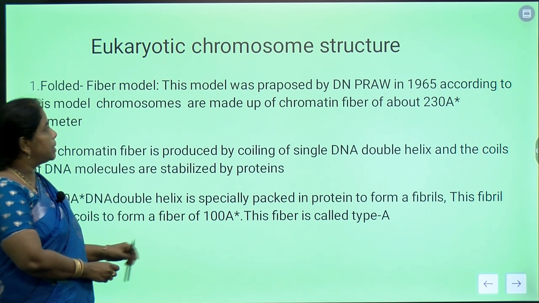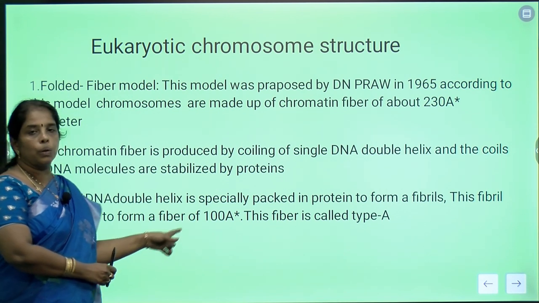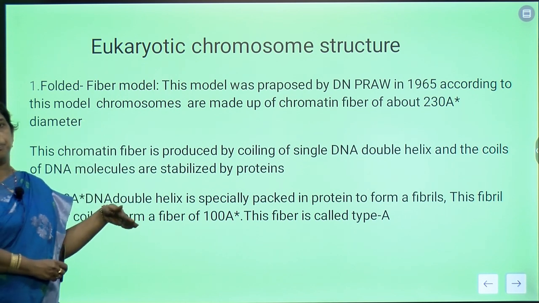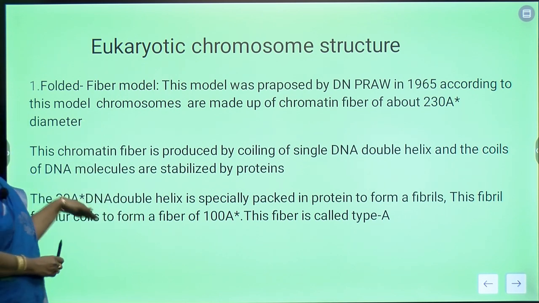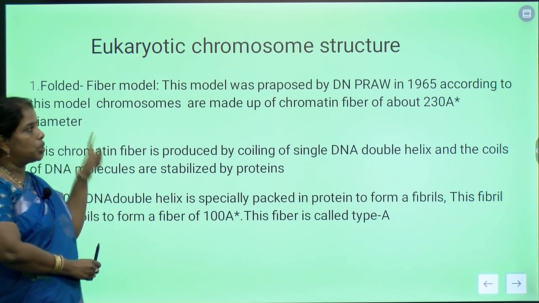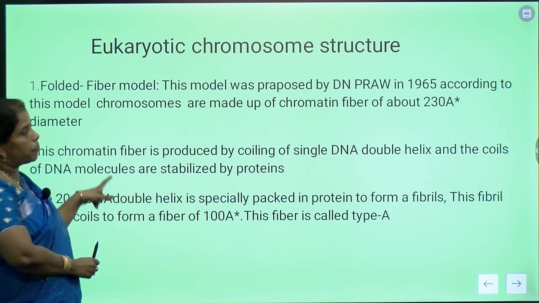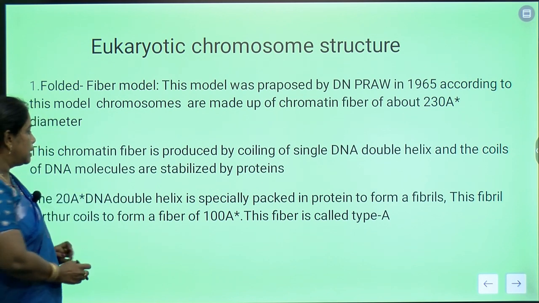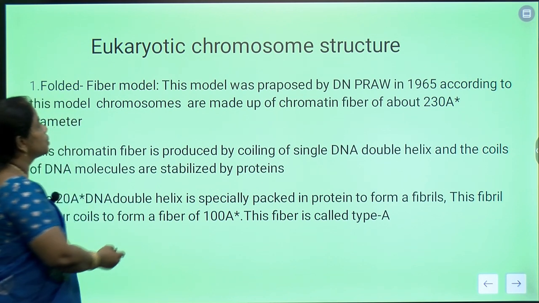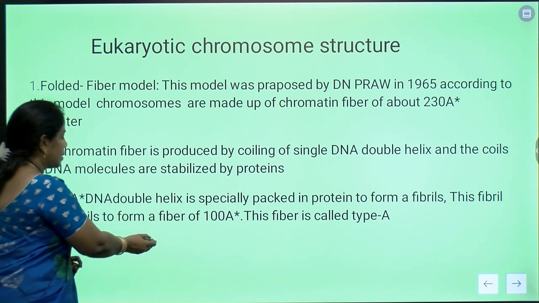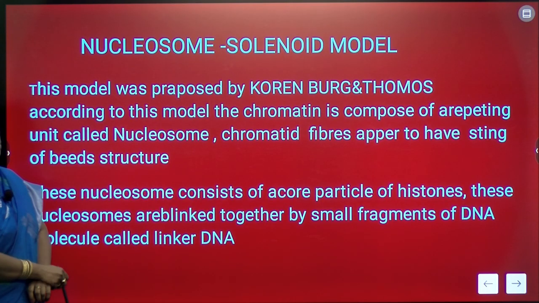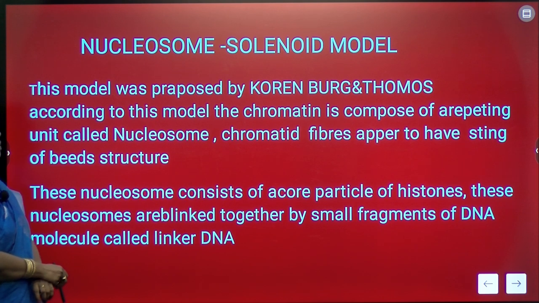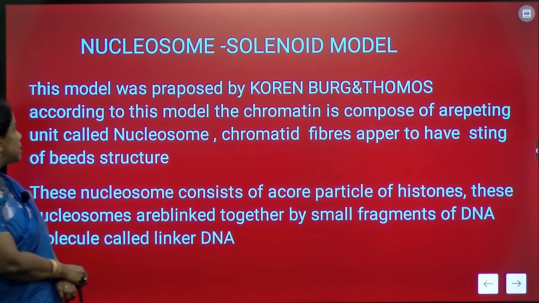These fibers are closely packed inside the chromosome, and in this theory Dupraw did not explain the role of protein in the chromosomal organization. The next theory is the nucleosome model, or solenoid model, proposed by Kornberg and Thomas.